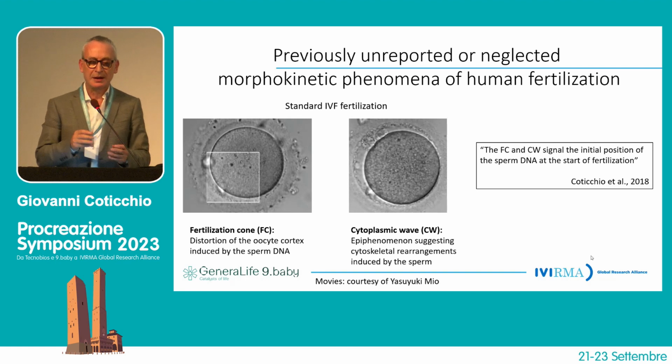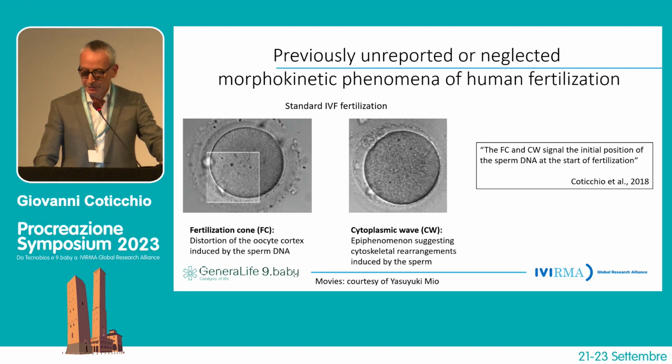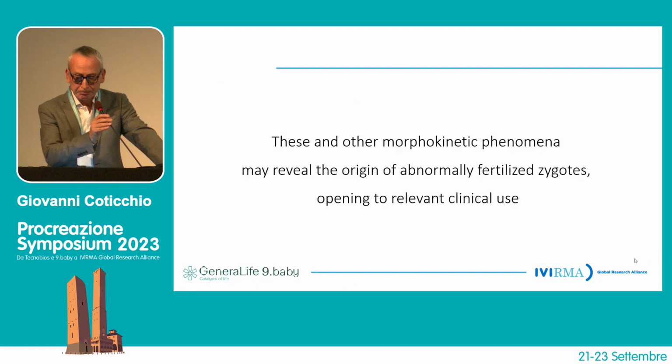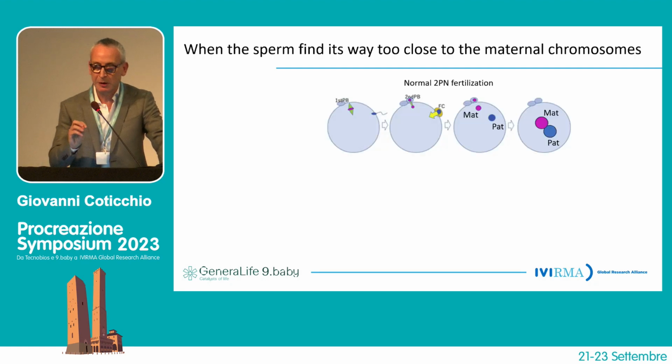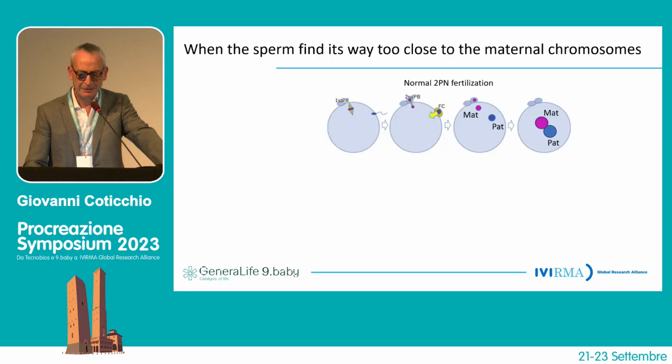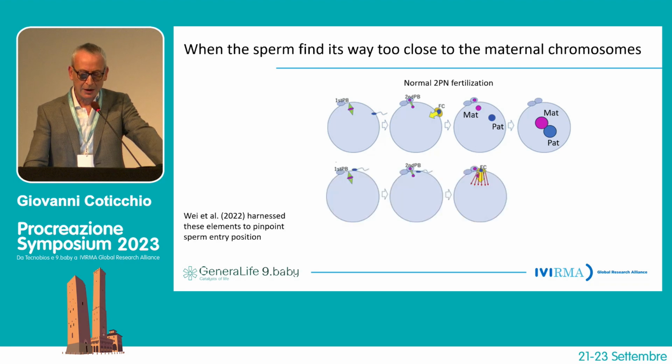So why am I telling this story, apparently marginal? Because these and other morphokinetic phenomena may in fact reveal the origin of abnormally fertilized eggs, opening to possible clinical use. And I'm going to tell you what I mean by that. There is a recent paper published by a Japanese group in which the authors observed what happens in presumably abnormally fertilized oocytes, 1PN oocytes.